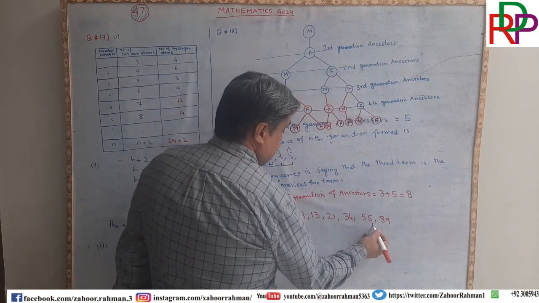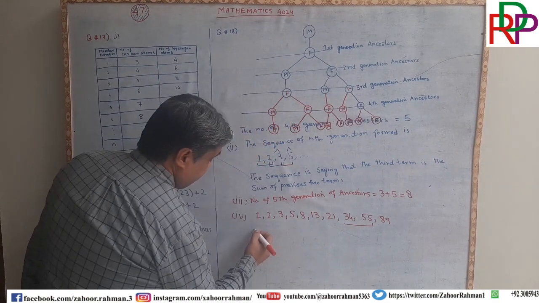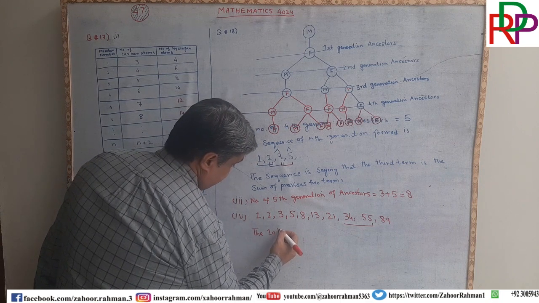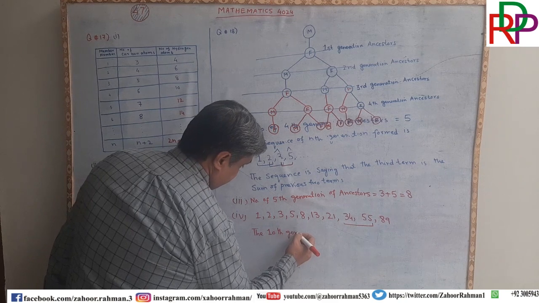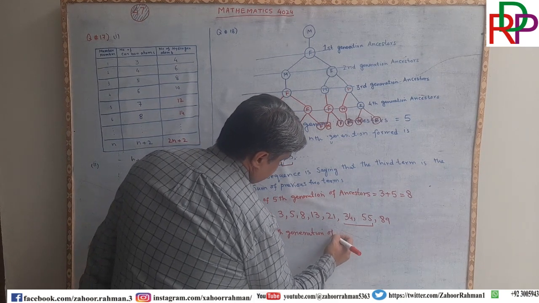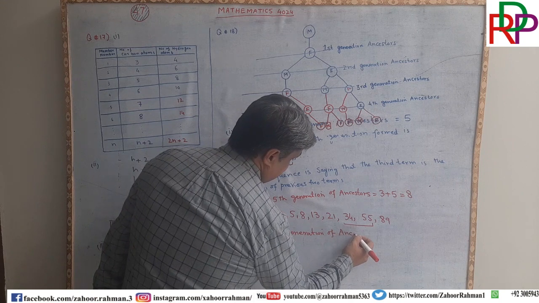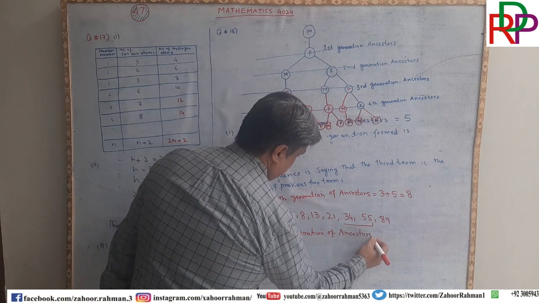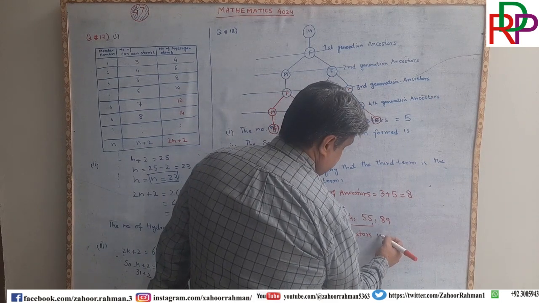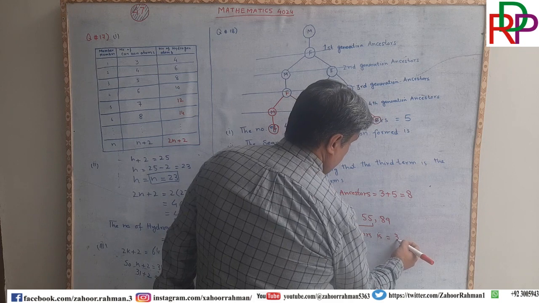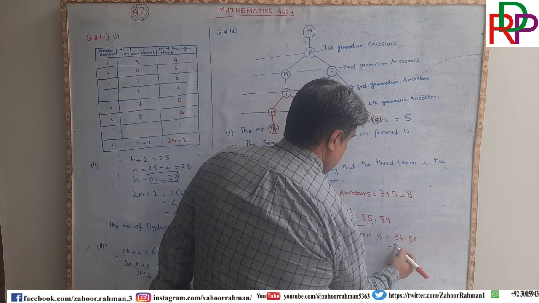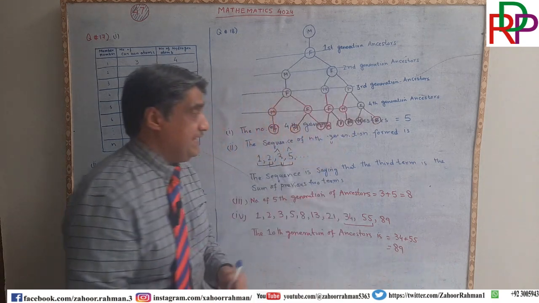So keeping in mind this sequence, 89 is the number for the 10th generation of ancestors. The 10th is equal to 34 plus 55, which is equal to 89.